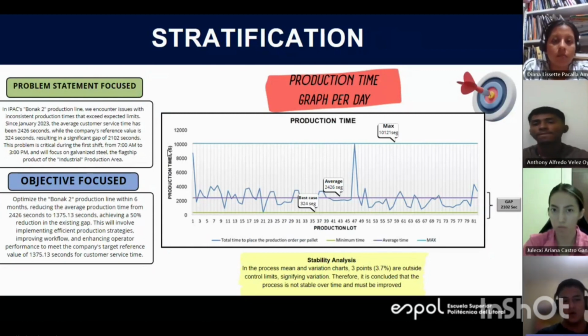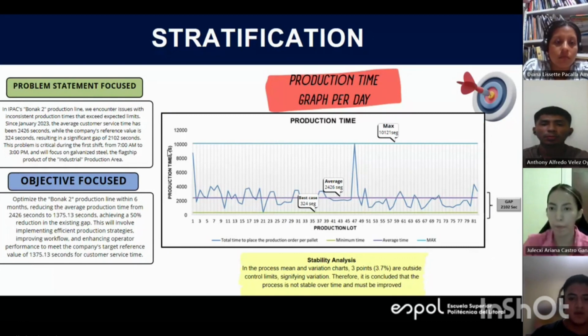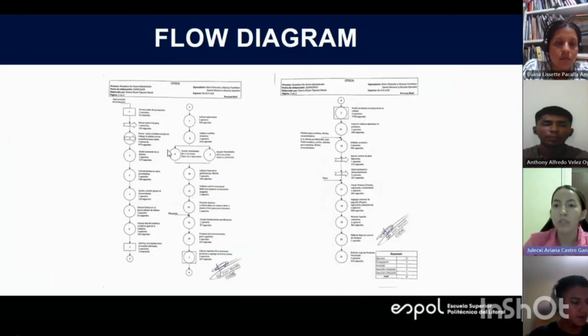Below is the objective focus, and the graph shows the production time for each production lot. In the stability analysis, with 3 points outside the limits, we can conclude that the process is not stable over time and must be improved.